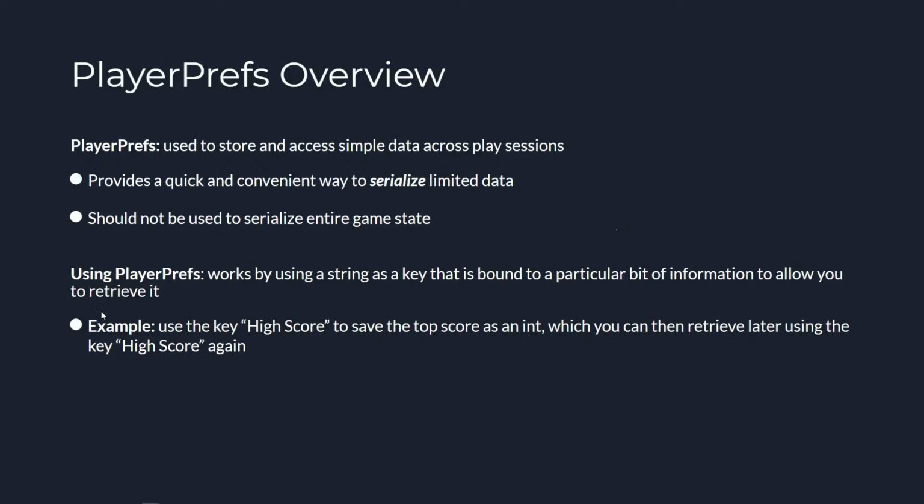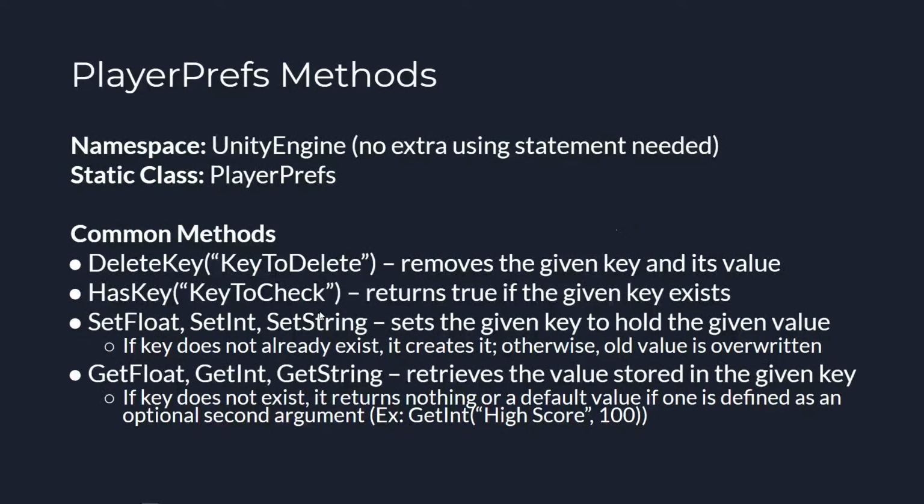It's all going to be there. So here's the key, high score, and you want to save the top score as an integer. Player preferences have a type that they use. But later on, we can retrieve it using that same high score key.